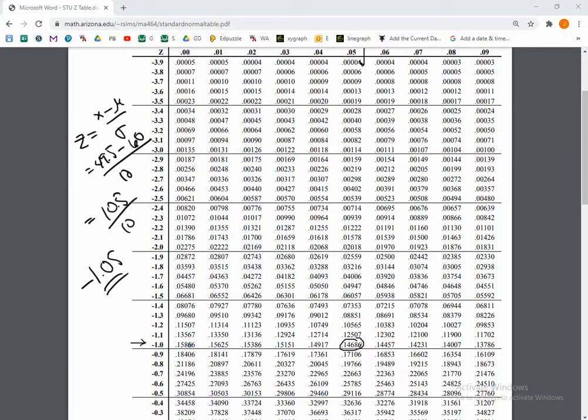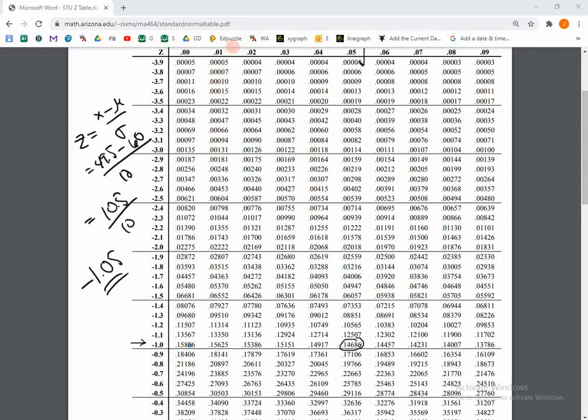if you look at this table, it only has a certain degree of precision. I can't go out to the thousandths place, right? So what if I wanted something like negative 1.15, okay?